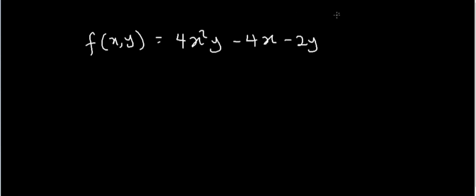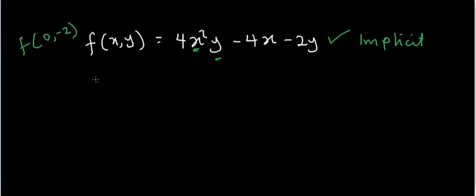This is an implicit function, which means I'm having more than one variable. I'm having x and I'm having y. So to start with, if you are asked to get this, so what is f of 0 comma minus 2? This simply means that x goes to 0 and y represents minus 2 in this equation.